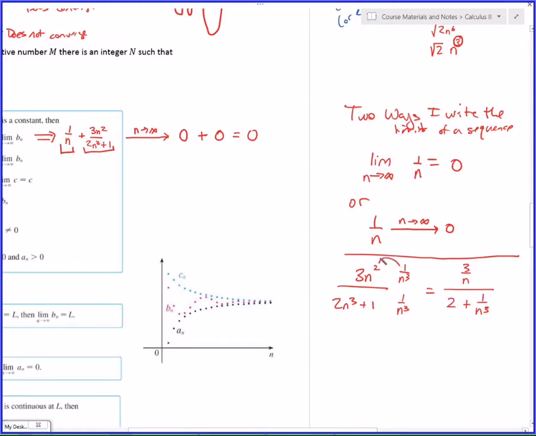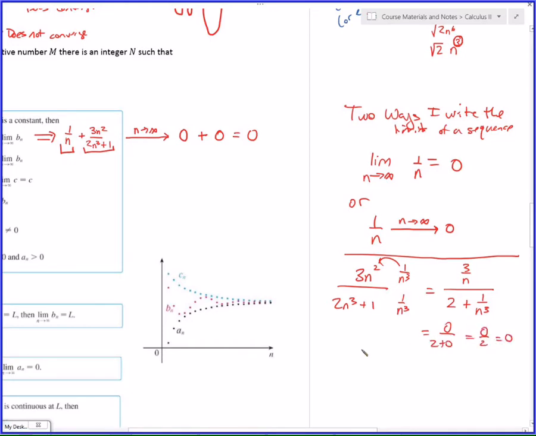The n cubed came from the biggest thing in the whole fraction. Did y'all do it this way? Doesn't look familiar at all? All right, well, that goes to 0 over 2 plus 0, which is 0 over 2, which is 0.